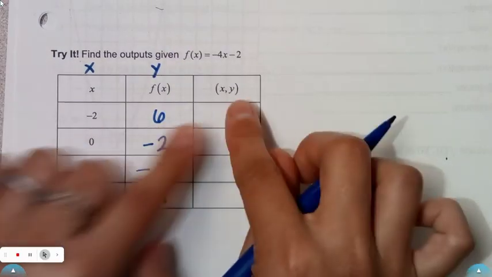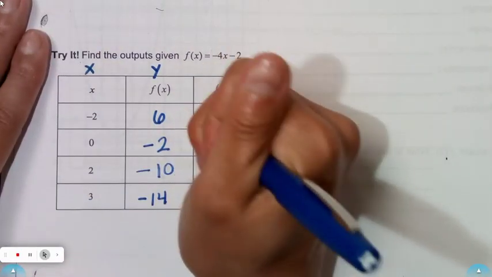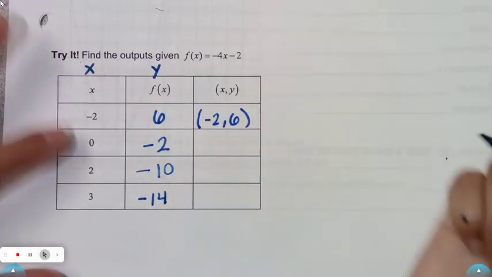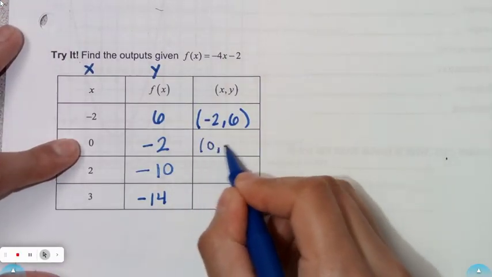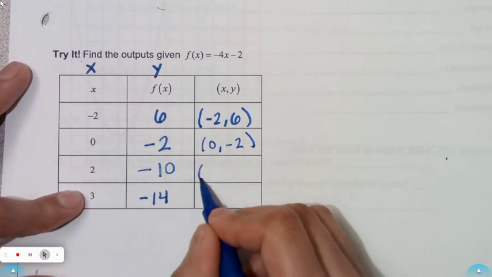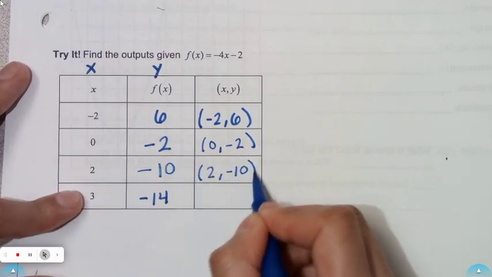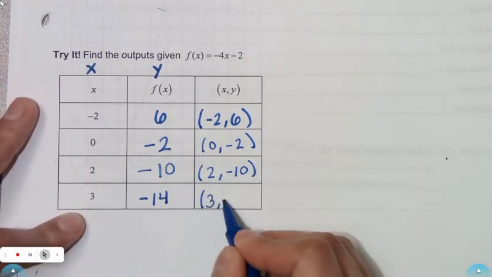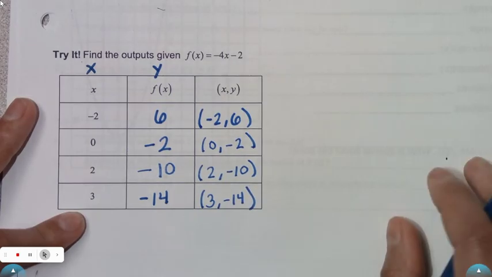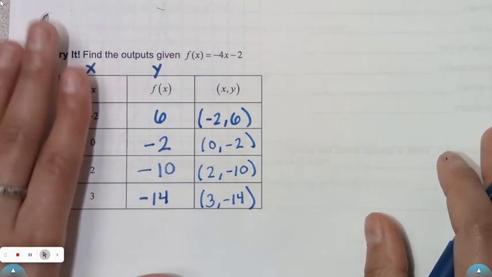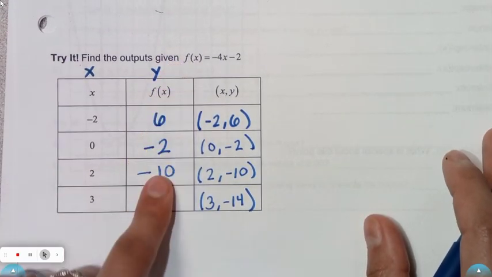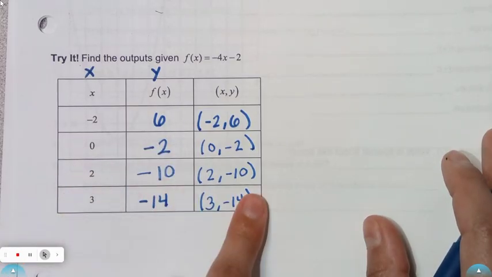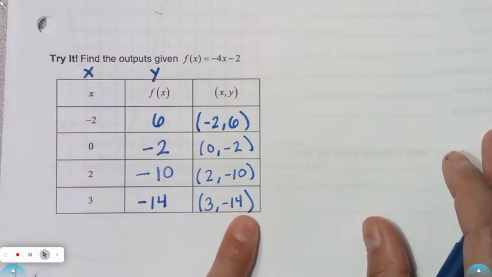So putting them together like this, this is -2, 6, 0, -2, 2, -10, and 3, -14. Perfect. So you just use your calculator to help you find the y values and then write those as ordered pairs on the side.